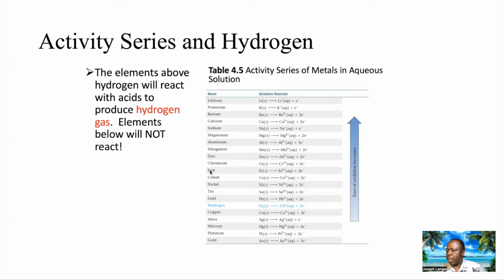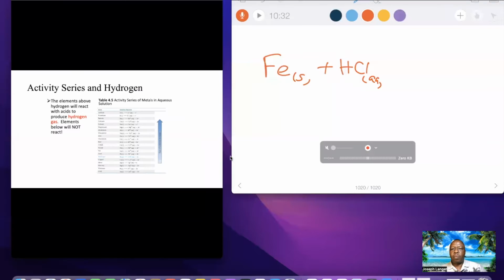If we have iron, solid, plus HCl, aqueous. I'm using a specific example of iron here to illustrate how hydrogen gas is produced. Iron is above hydrogen on the activity series.